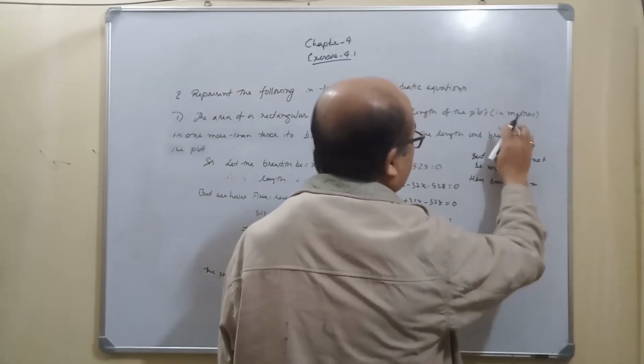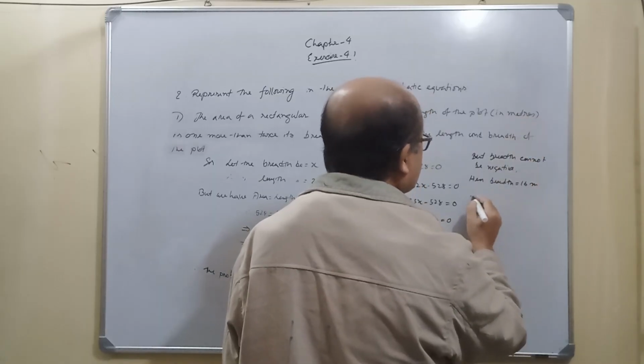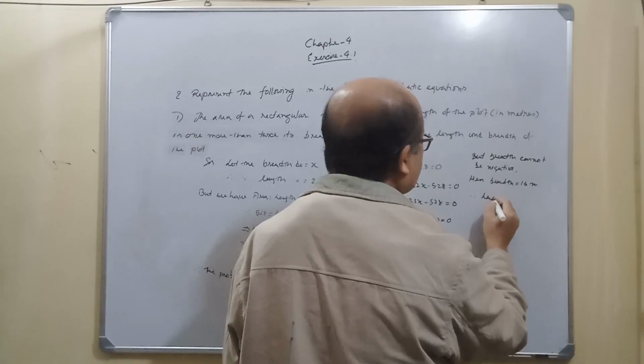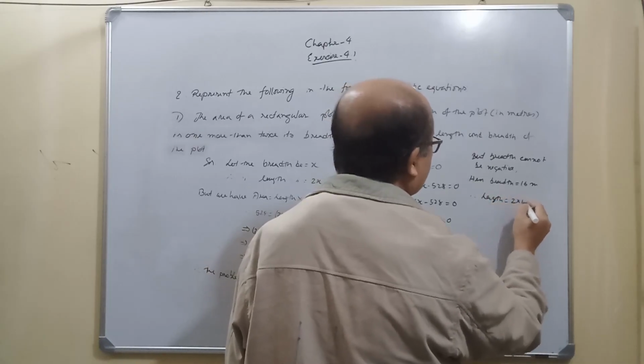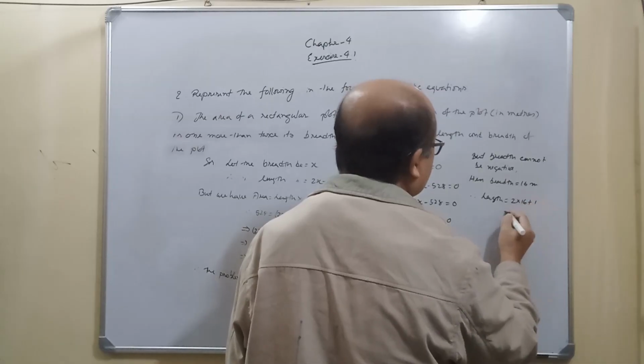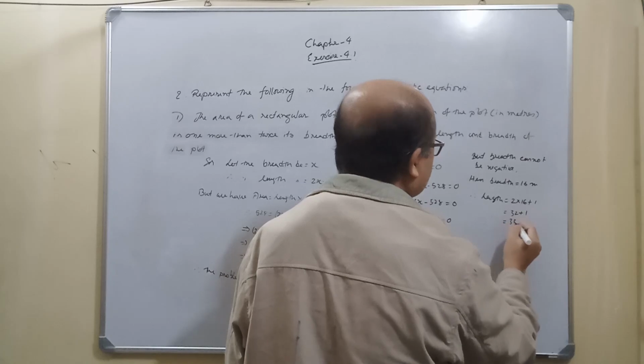You have to write the unit also. Hence length is twice the breadth plus 1, 32 plus 1 is 33 meters.